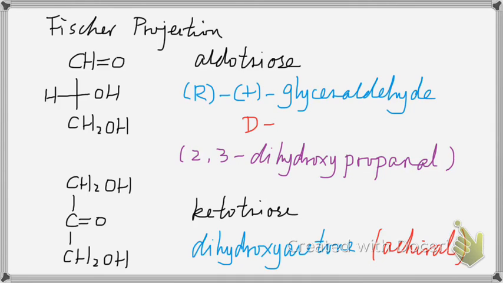It's the only keto triose. And what is interesting about this keto triose is, even though we put it down in Fischer projection, it is an achiral compound. Okay, and it is the only monosaccharide that is achiral.